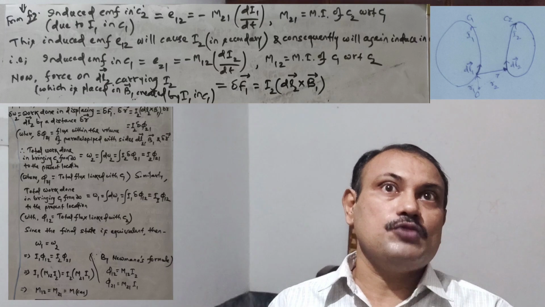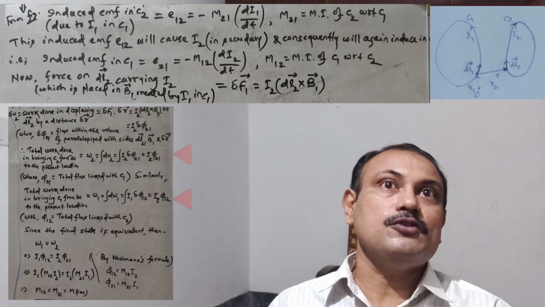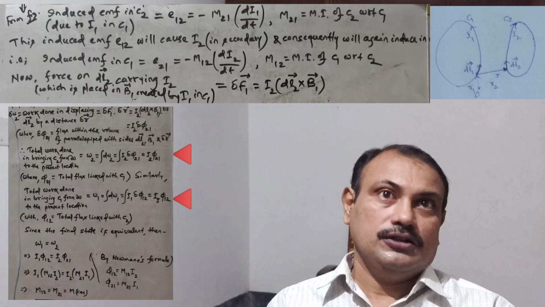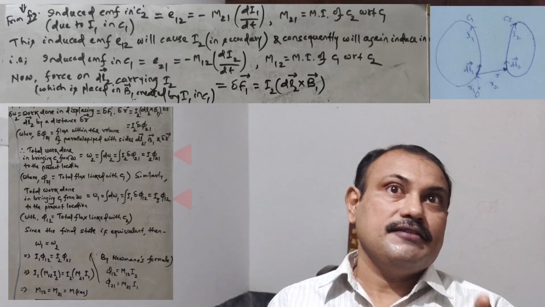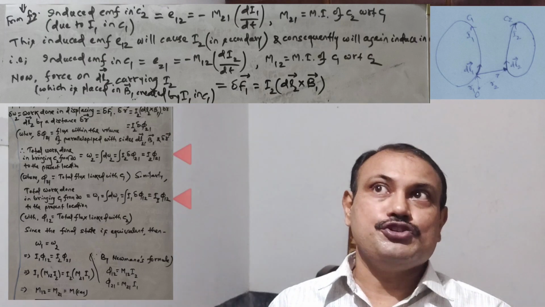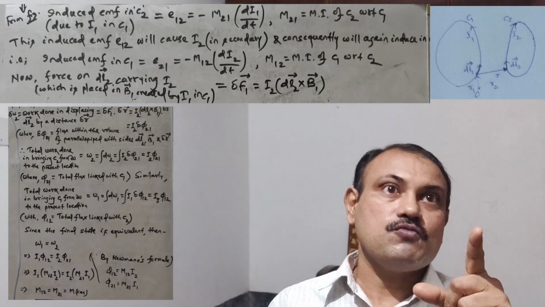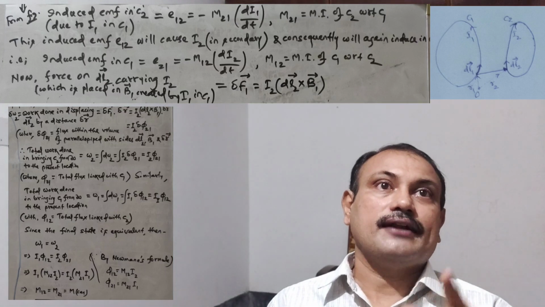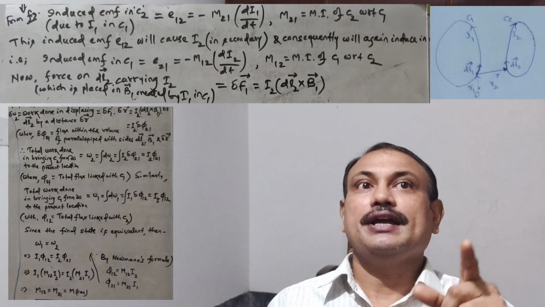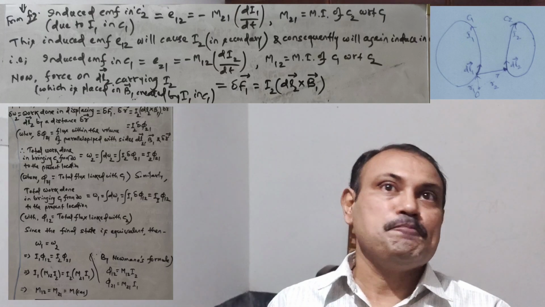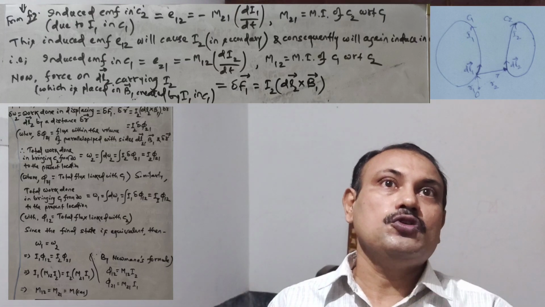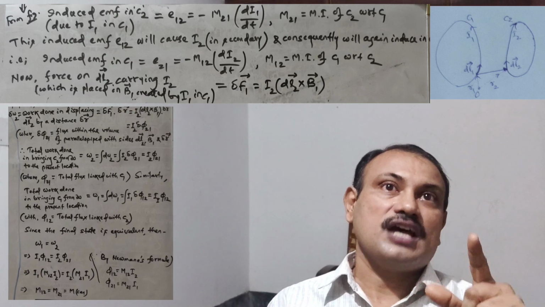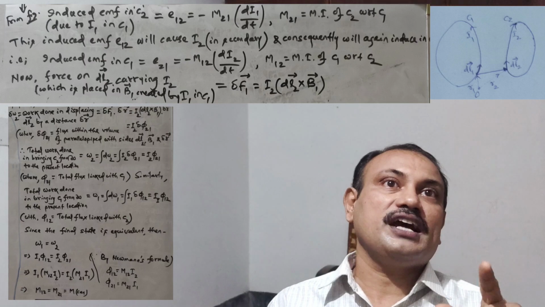If you substitute for W1 as I1 times phi 12, and for W2 as I2 times phi 21, and again recall Neumann's formula which we have discussed, that phi 12 is equal to M12 times I2 and phi 21 is equal to M21 times I1, we can replace phi 12 and phi 21 with M12 times I2 and M21 times I1.